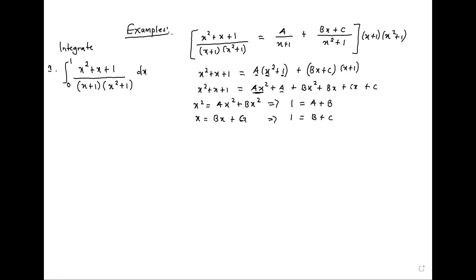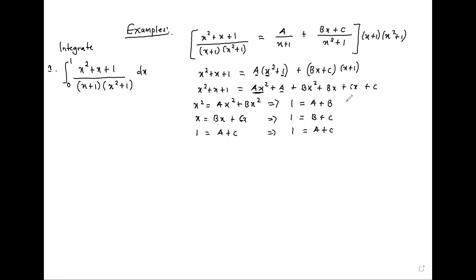So where are we now? The constant 1 should be equal to A plus C. So now we solve for these variables.